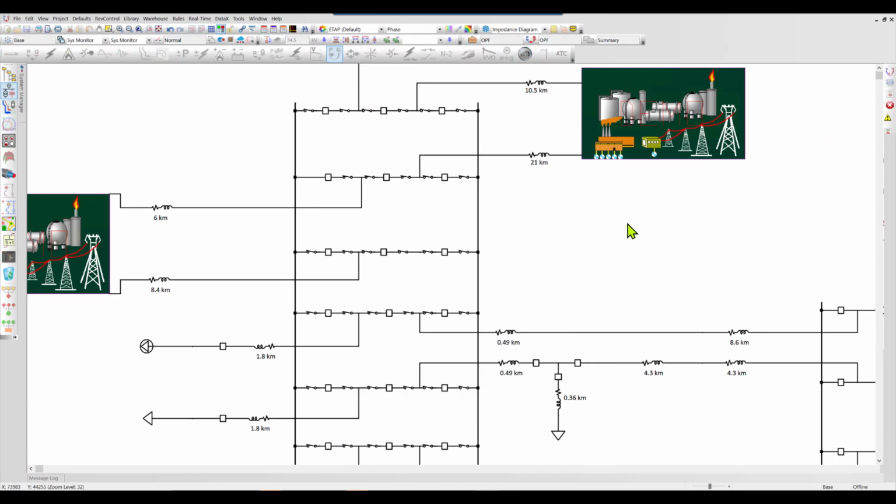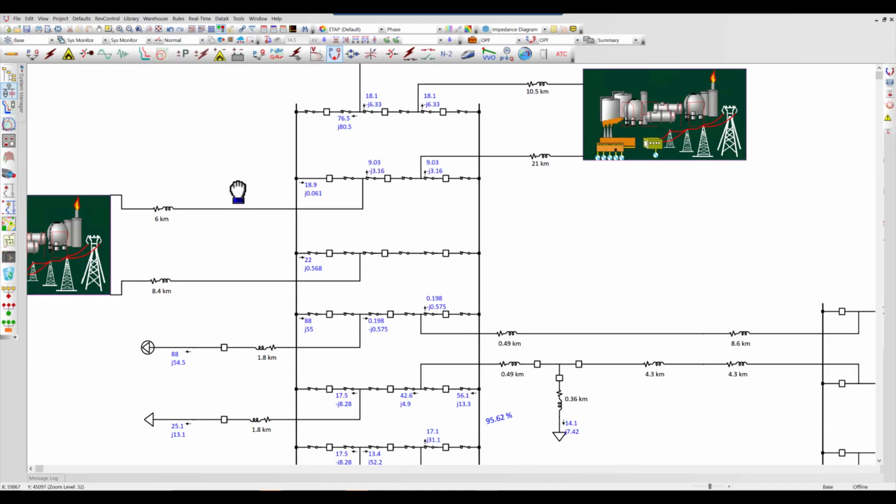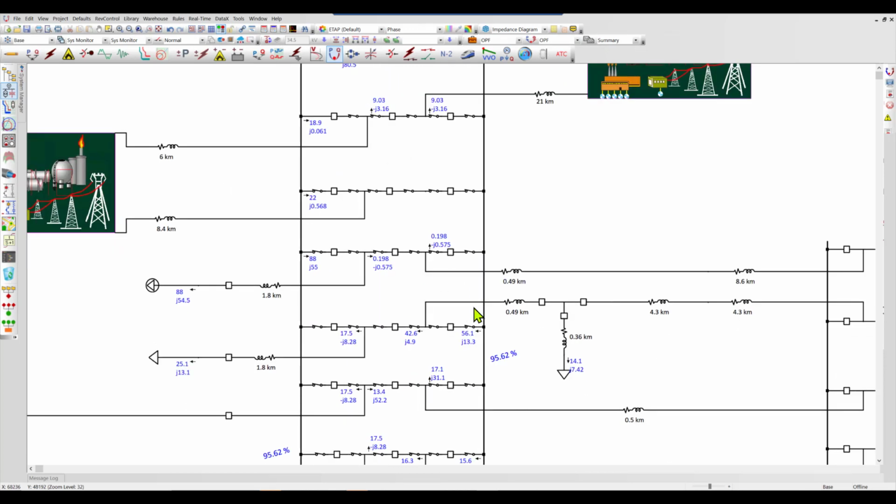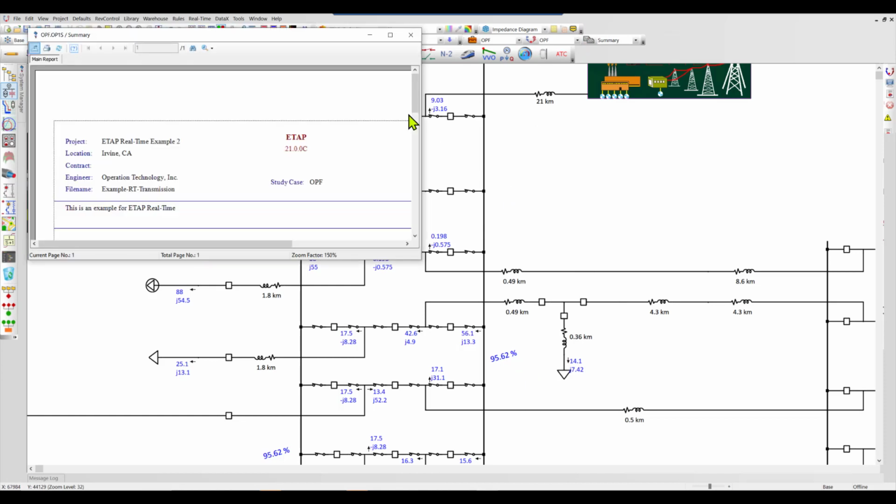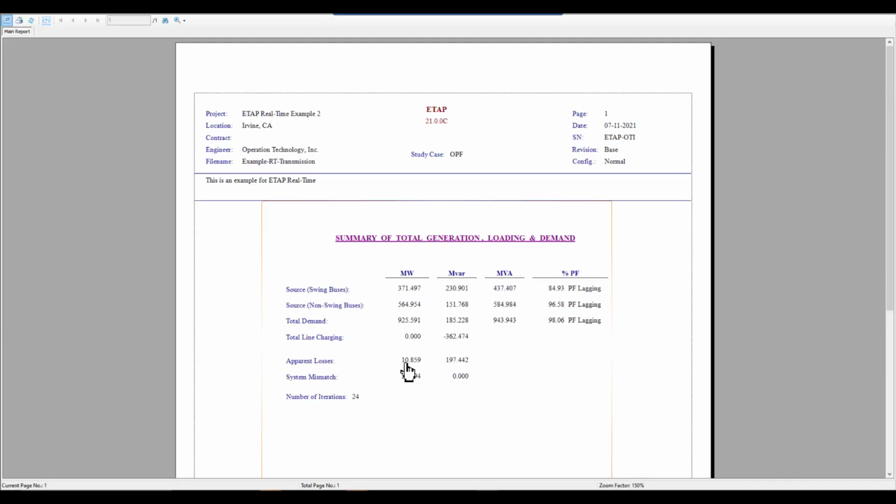So when we run our calculation for optimization, we can look at our bus voltage here, for example. We notice that it's at the lower end of the constrained bus voltage limit of 95%. And when we look at the summary of our optimal power flow, we can see the losses have been reduced from 12 megawatt down to 10 megawatt.